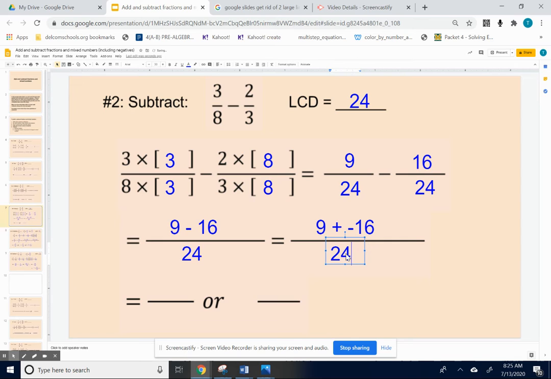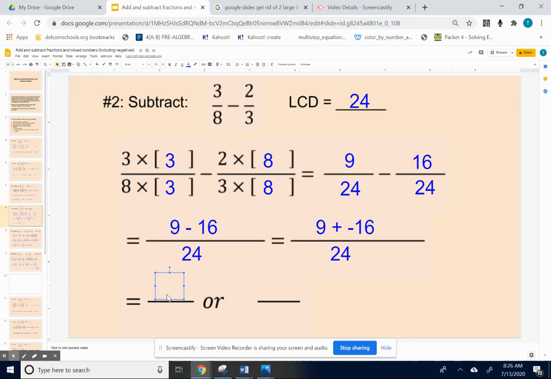Continue on. You should be taking 9 plus negative 16 over 24.